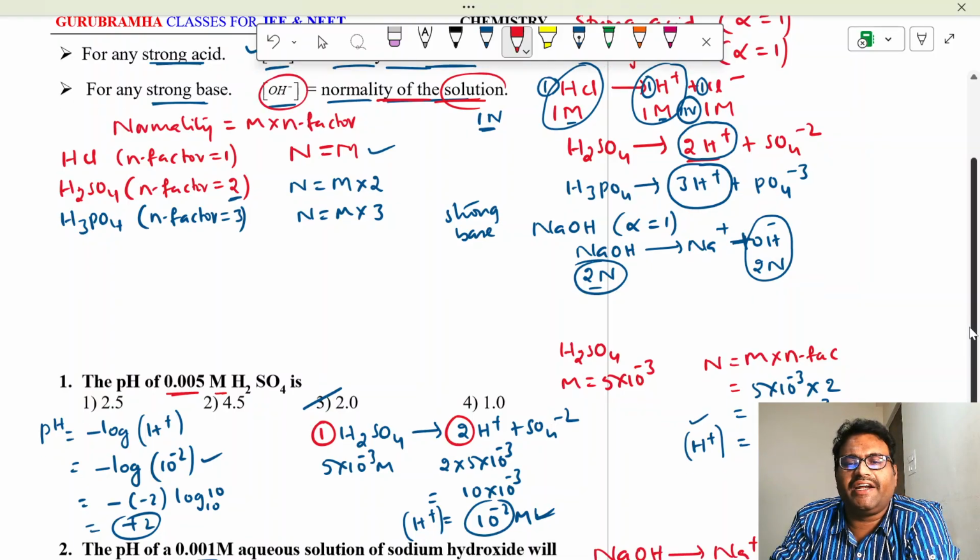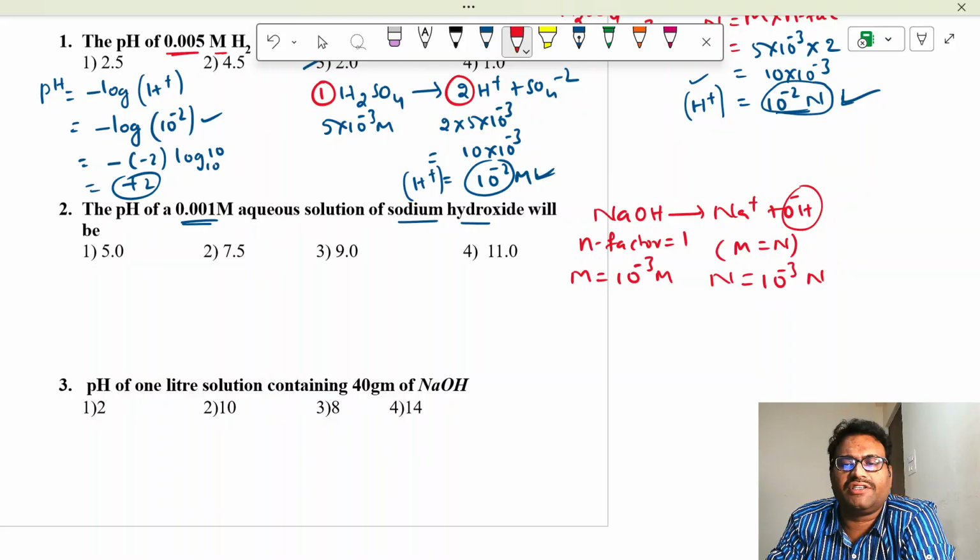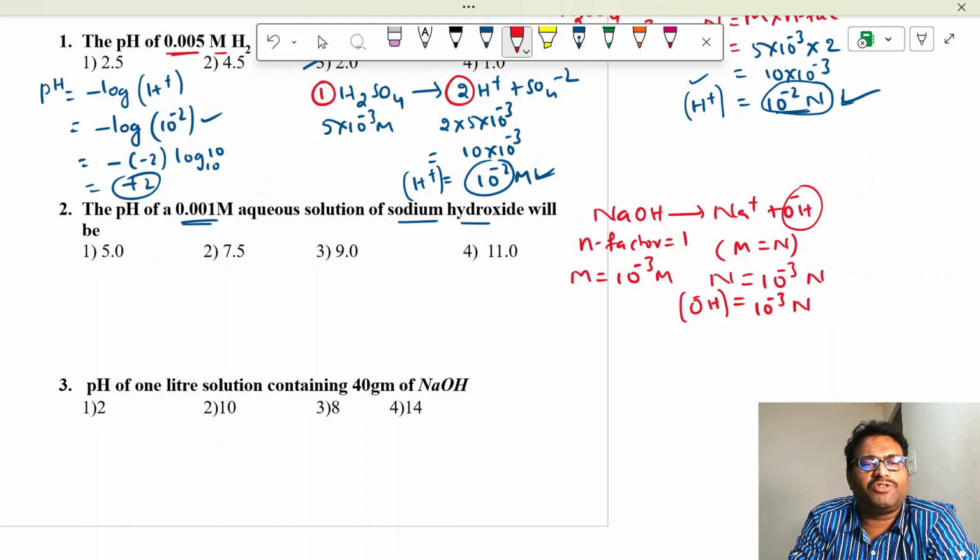So directly I can take it as OH minus ion concentration, which is 10 power minus 3 normal. Now here asked is pH, but we got OH minus. So we can solve it in two ways, but we can see one way.